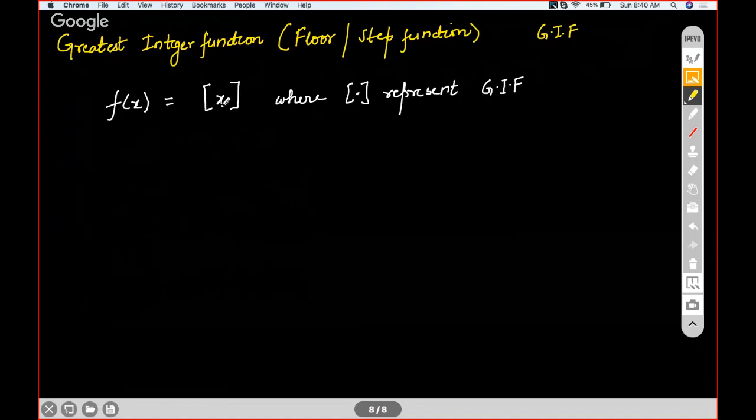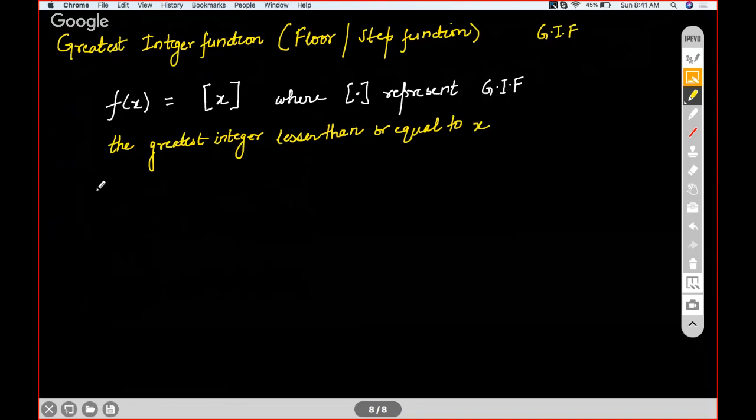So what does this mean? This f of x will return to you the greatest integer lesser than or equal to whatever input you have put inside. So if you have put inside x, then it will return you the greatest integer lesser than or equal to x.